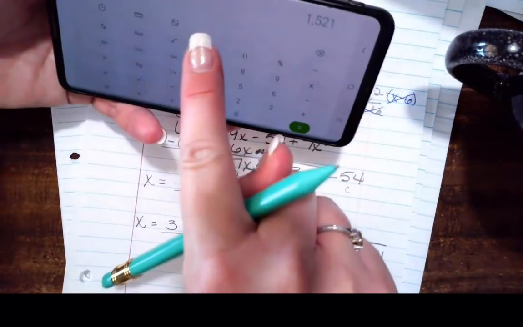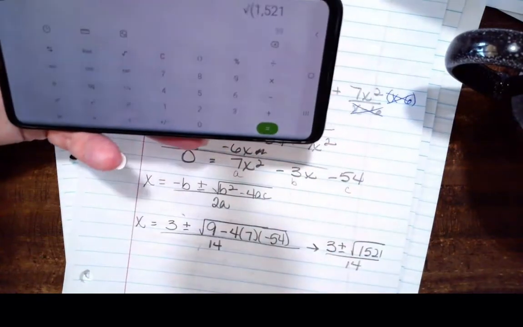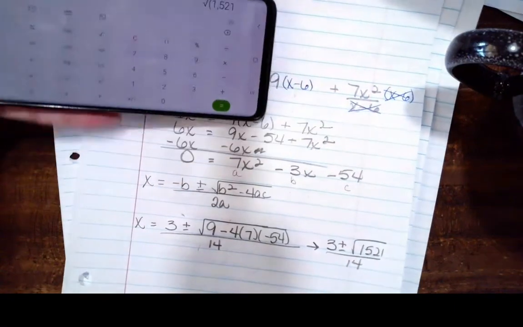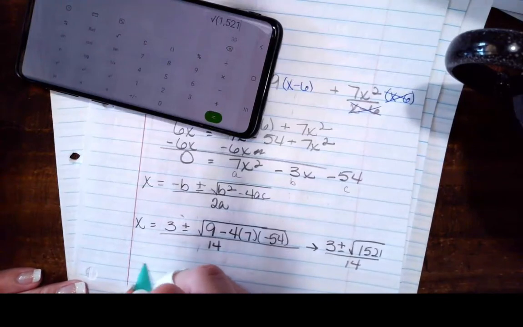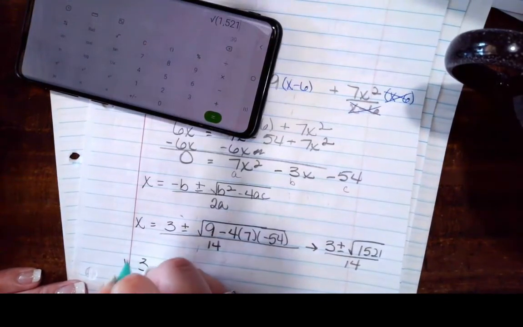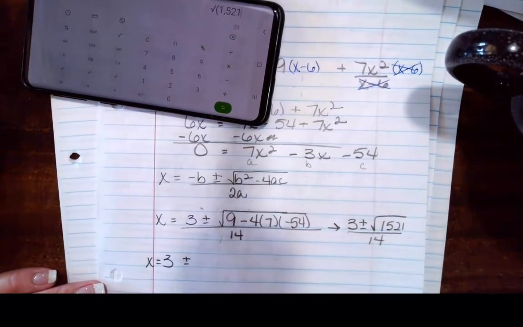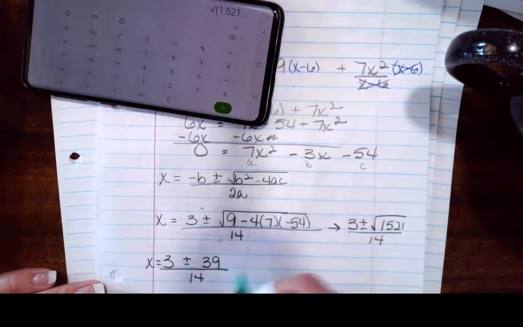And now, is that a perfect square? So the square root of 1521 is 39. Since this went pretty well, I knew it was factorable to start with. I just didn't want to waste my time trying to figure it out. So I now have 3 plus or minus 39, all over 14.